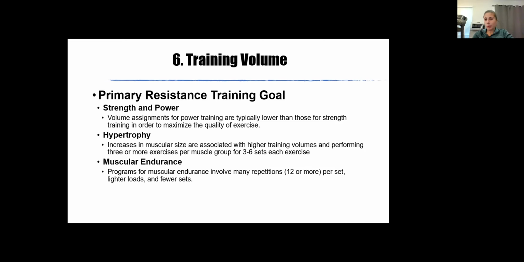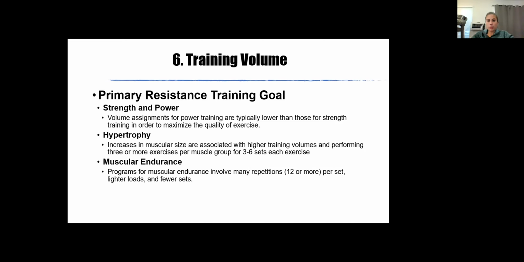Someone training for strength, doing 5 sets of 3 repetitions, won't take as long as 5 sets of 30. So with endurance we see higher repetitions, much lighter weights, and we don't need as many sets. You might see the most sets for someone's goal of hypertrophy, which is closer to bodybuilding, where we're really trying to increase muscular size. You've got to overload the muscles to stimulate those adaptations.